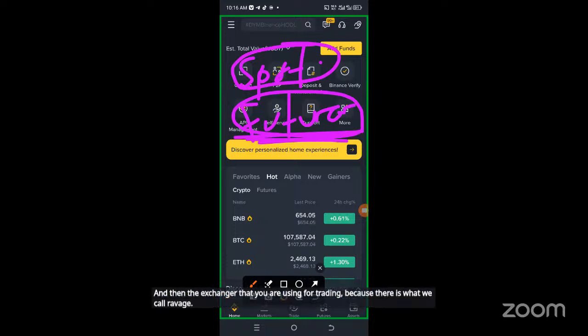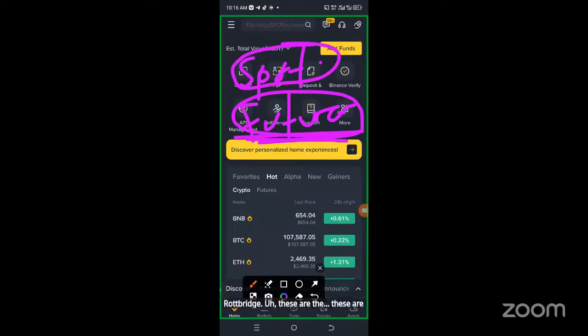Leverage means you can get a loan, borrowed by the exchange, to use that money for trading to amplify or increase your profit.